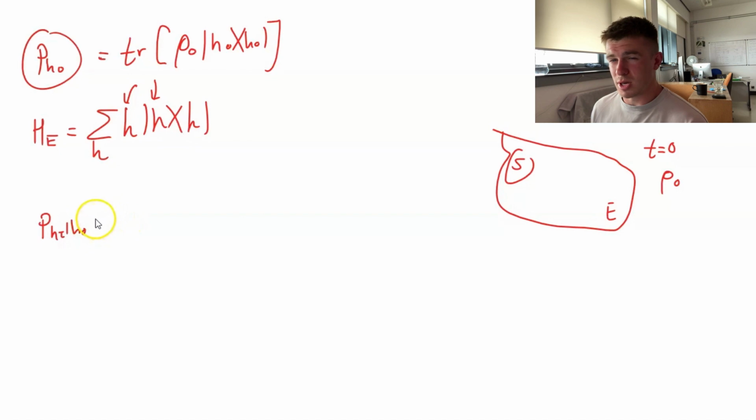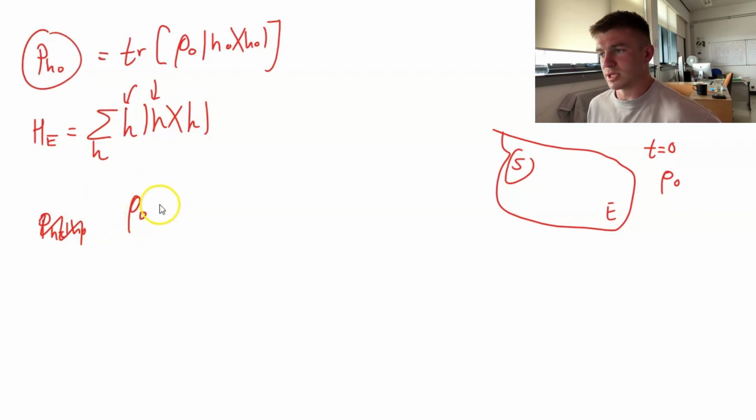But before we do that, we're going to need to think about what happens to the state of the system after we do the first measurement and we get outcome h0. So let's put this aside for a second. After we measure the environment Hamiltonian and we get outcome h0, what happens to the state of the system? Well, we go from rho 0 to the projected state.